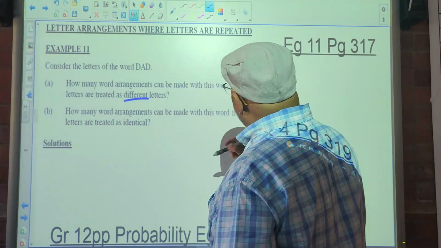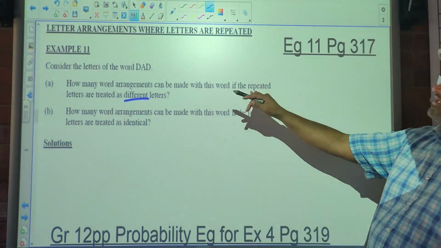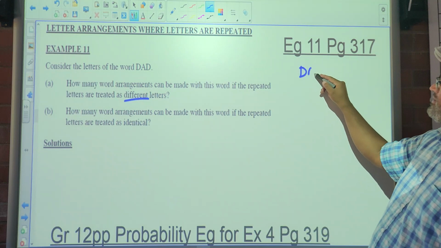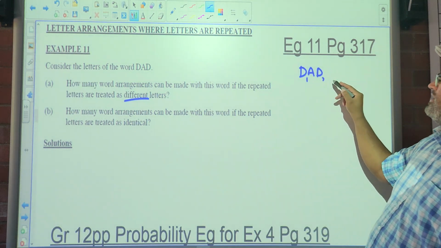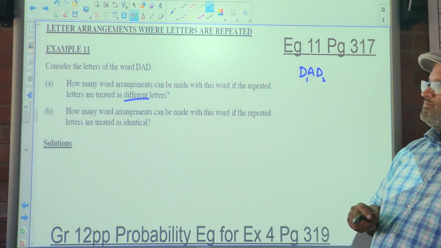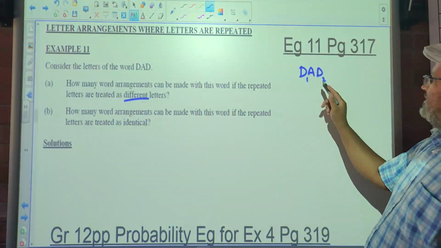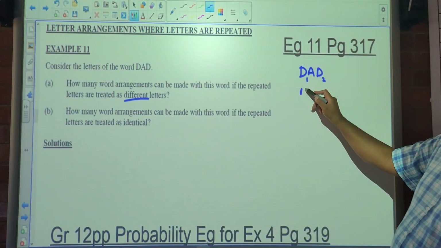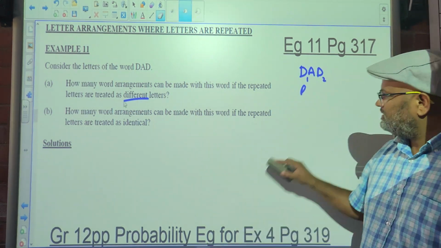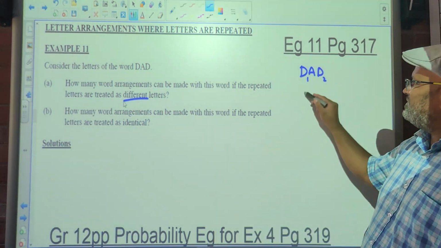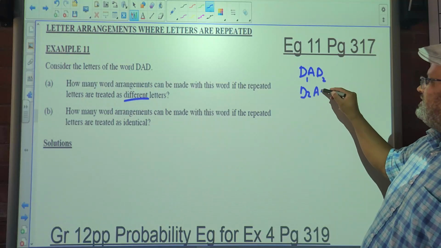So, if I write that out, the first arrangement can be D1, A, D2, because here we have said that the D's are different. Another way I could have written this is D2, A, D1.